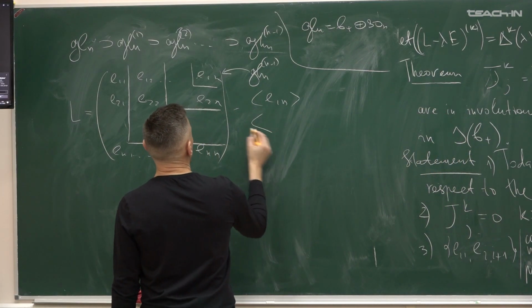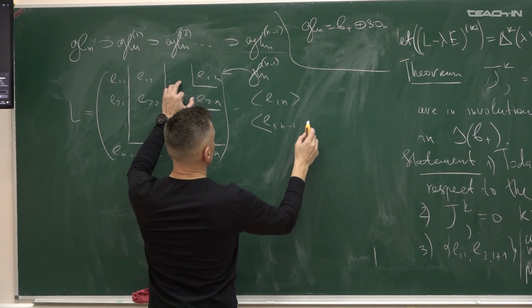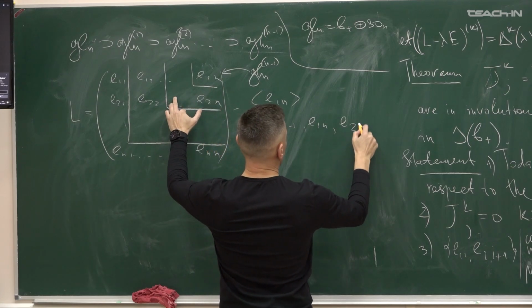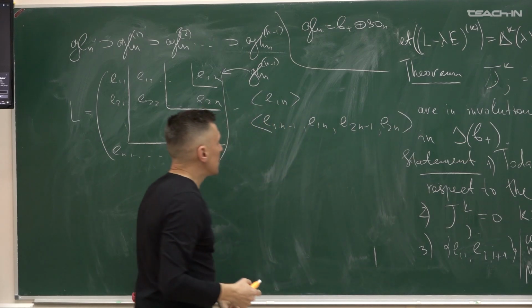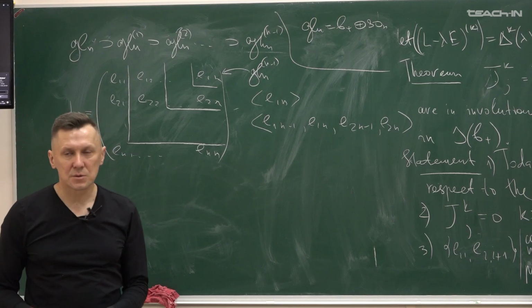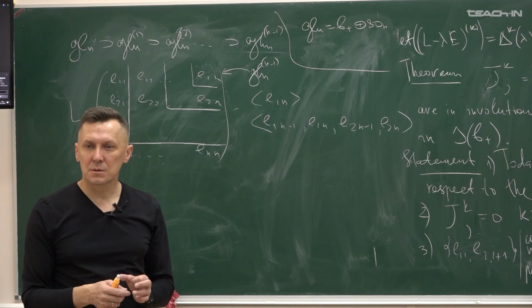But the next one is E_{1,n-1}, E_1n, E_{2,n-1}, E_2n. Is it clear that these generators are closed with respect to the commutator?